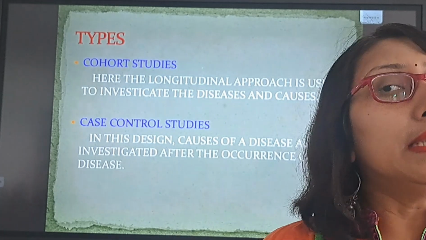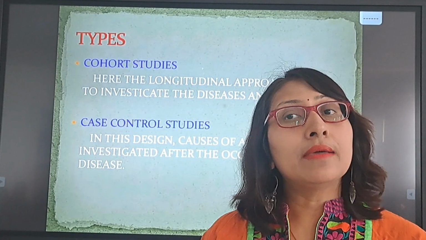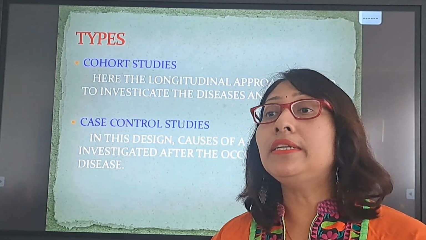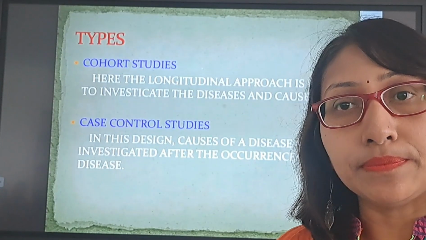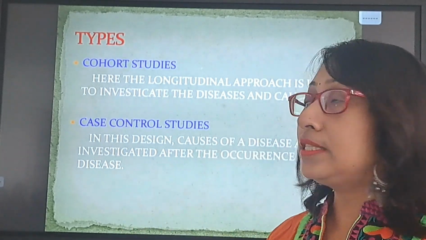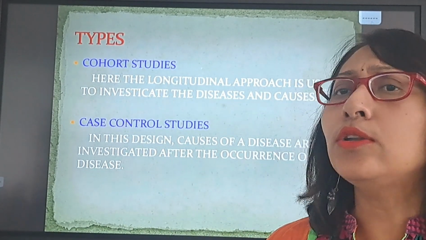But you may see some women whose bone density has not decreased. Why? Because they have taken a good amount of calcium supplements with vitamin D for better absorption of calcium in the body. So this is what is called a cohort study, where you are going to assess any kind of domains.